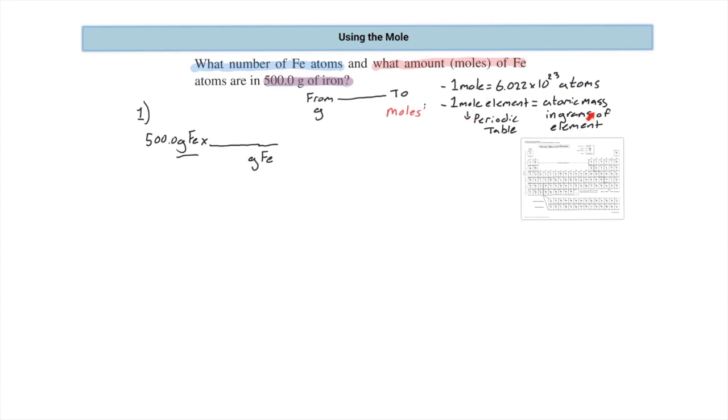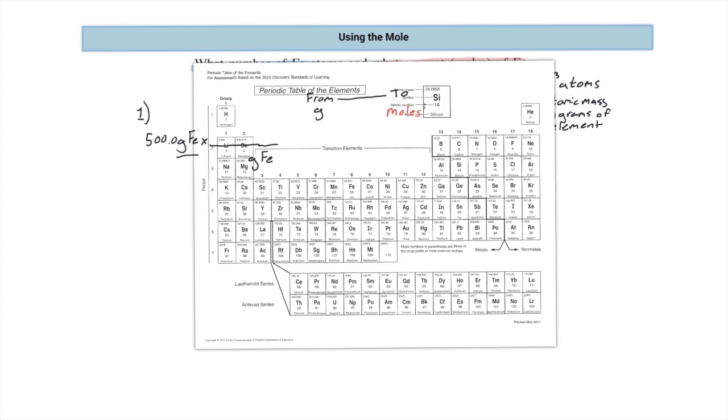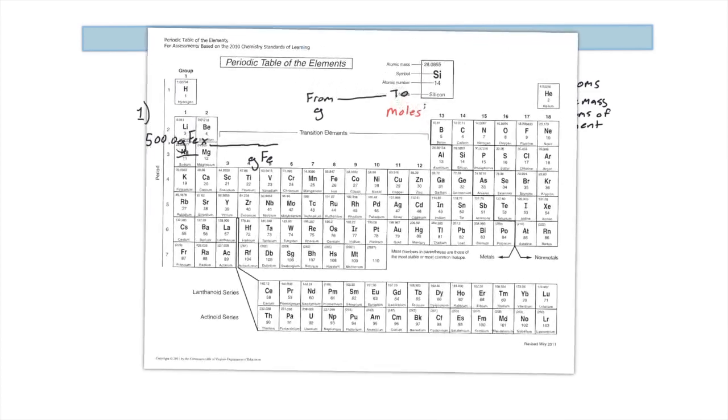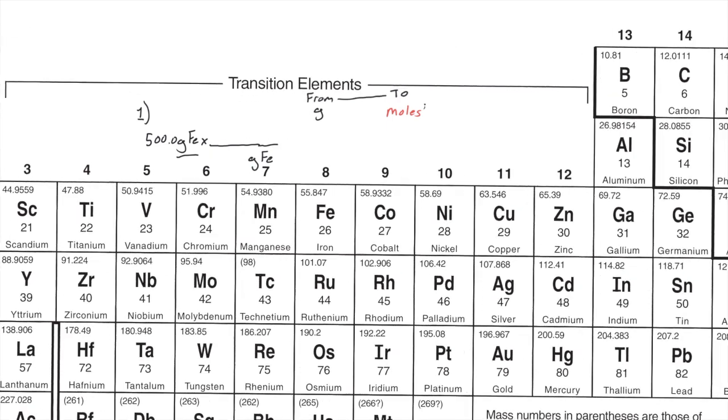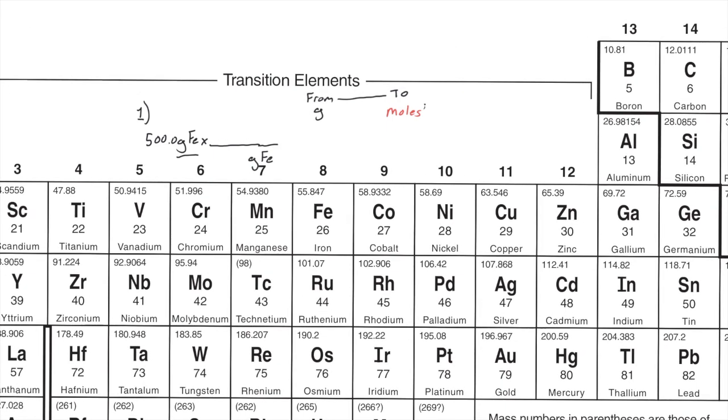So I know that this is the conversion factor I'm using. The atomic mass in grams. So I need to get the number that goes here from my periodic table. So let's blow that up. Let's find iron. Iron is right smack dab in the middle. The number we need is 55.847.